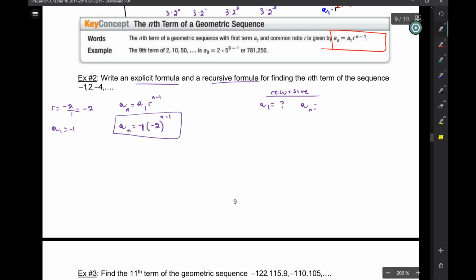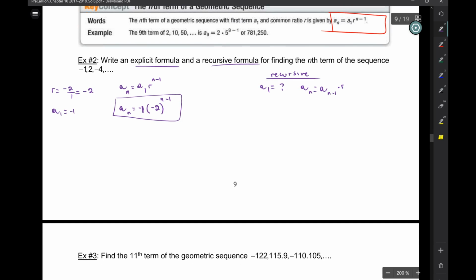And AN, how do you get AN in a geometric sequence? If you're going to get one term recursively, what do you do to the previous term? Multiply by what? The ratio R, right? So it's going to be AN minus 1 times R. So in this problem, A1 is negative 1.